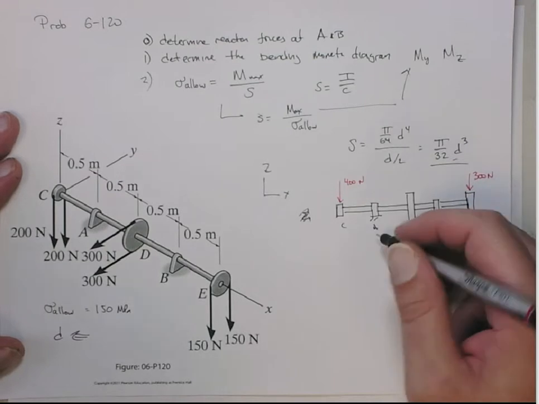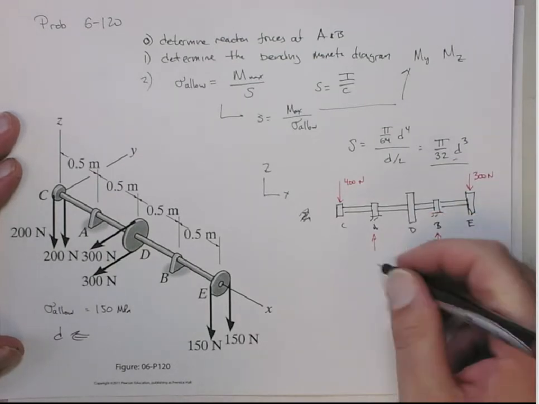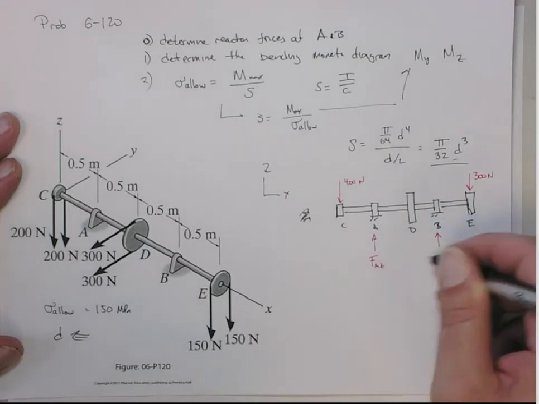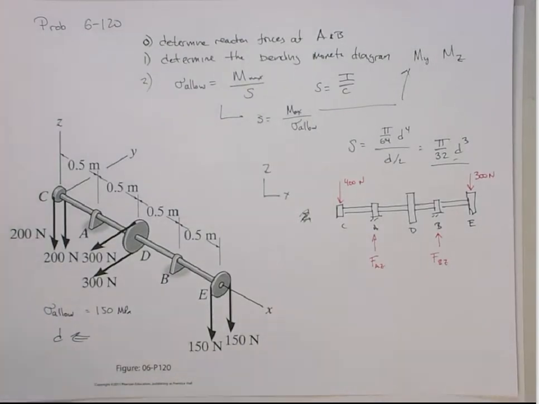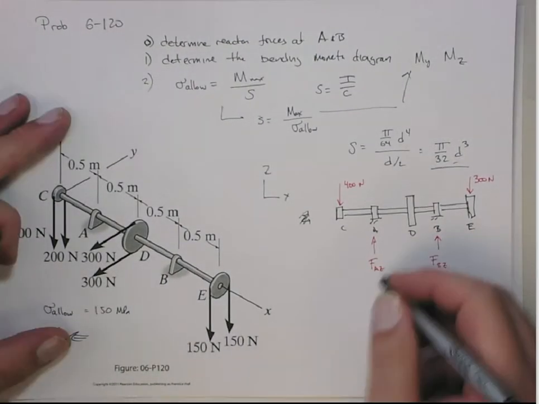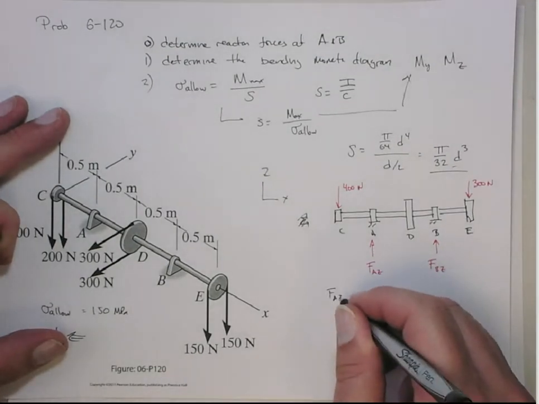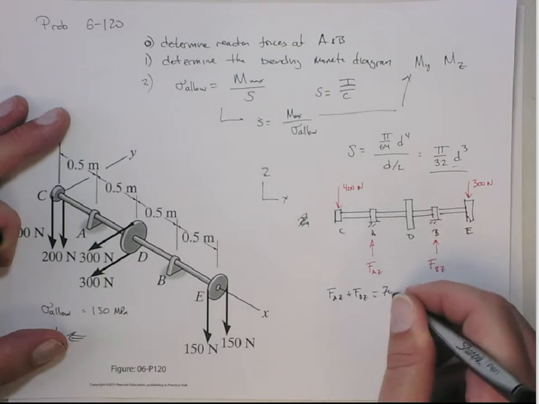D has nothing acting downward, and then we have the reaction forces at A and B. So we're going to call this force at A in the z direction and force at B in the z direction. Okay? So again, just doing this real quick, FAz plus FBz has to equal the 700 newtons.